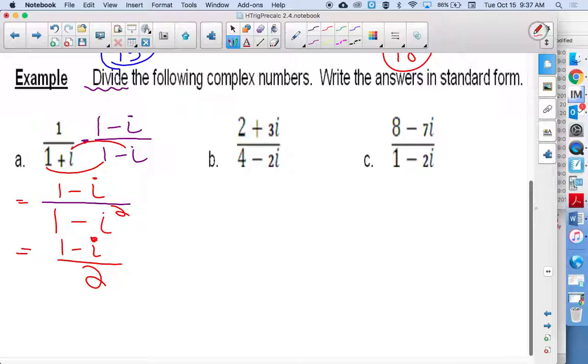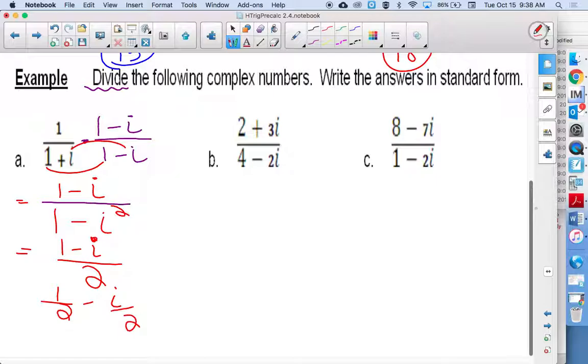So if I write this, I have 1 divided by 2, we have a minus sign, and then we have i divided by 2. When you have a fraction, anything on the top is divided by that number on the bottom. So separating a fraction into 2 separate parts is the same thing as writing it together as 1.